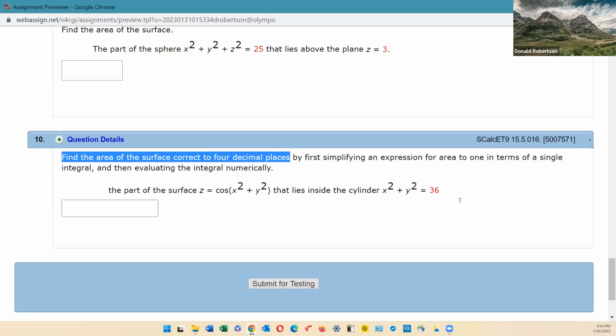Z is the cosine of x squared plus y squared. And the region is basically a circle. X squared plus y squared is 36. They describe it as a cylinder because it's a circle going upwards to meet the surface. So if you're wondering why that's called a cylinder, that's essentially the reason.